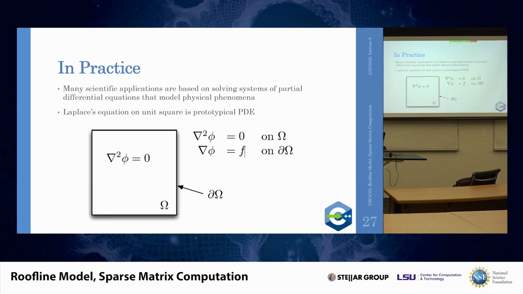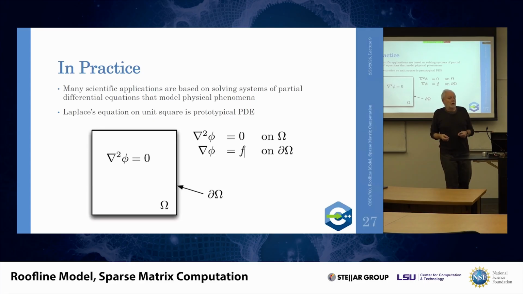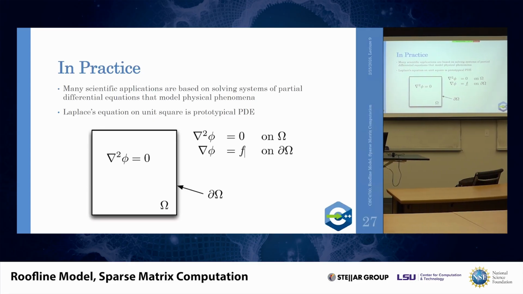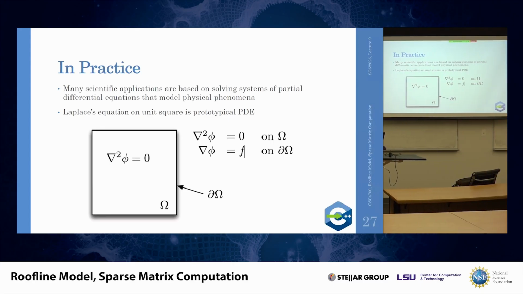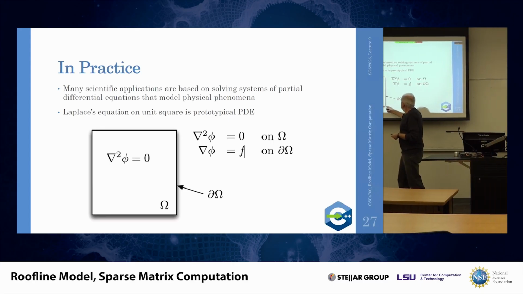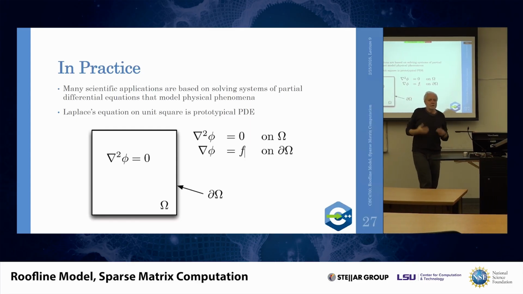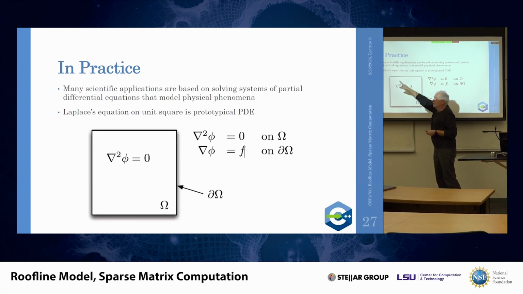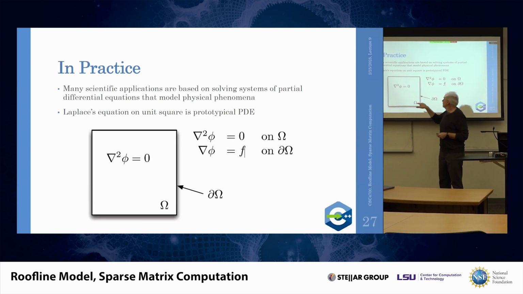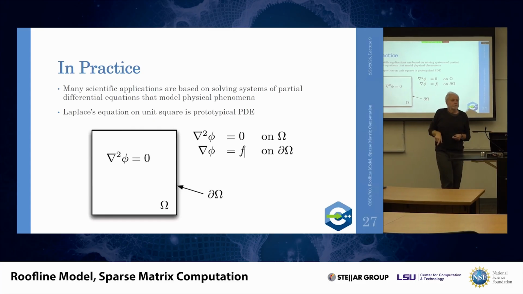You have some region in space, the pizza, where you have a function phi defined, which could be the temperature, and you don't know what the distribution and the values of phi inside that square are, but what you know is how phi is changing on the boundaries. So you know the first derivative of phi on the boundaries, on delta omega.